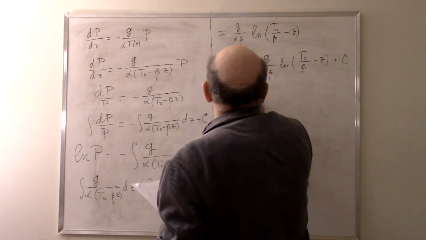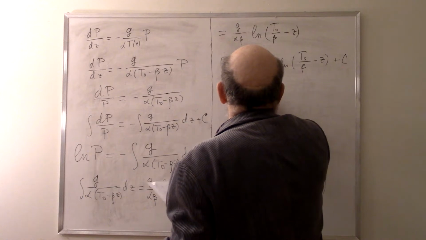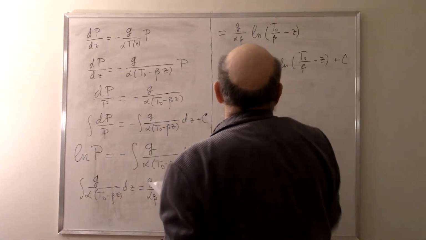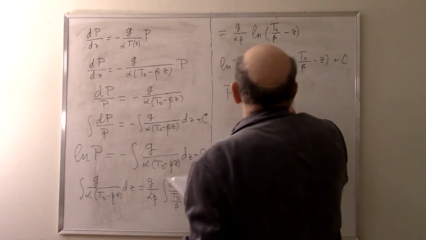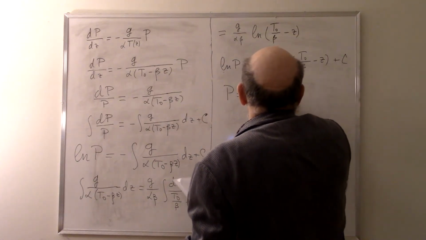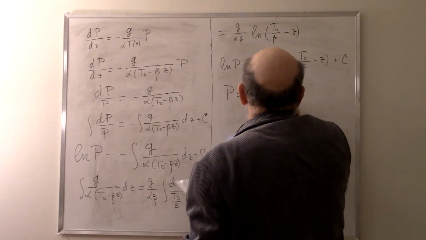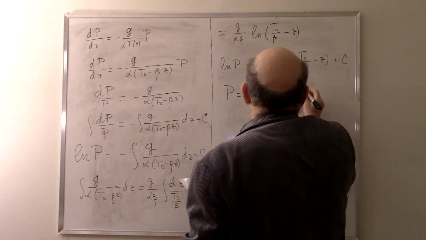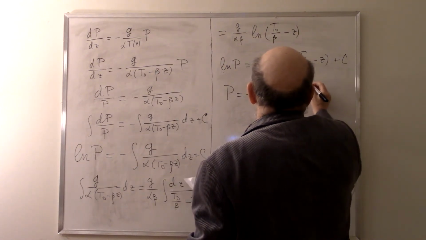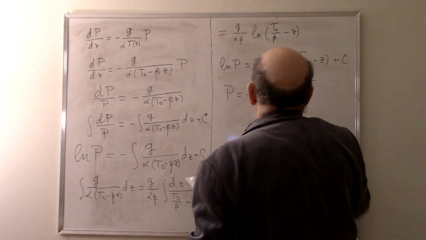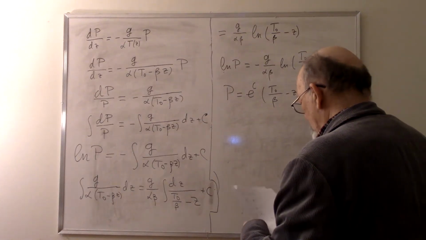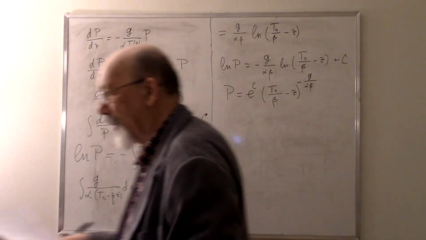P equals e to the power C times e to the minus logarithm, which means T0 divided by beta minus z to the power minus G divided by alpha beta.